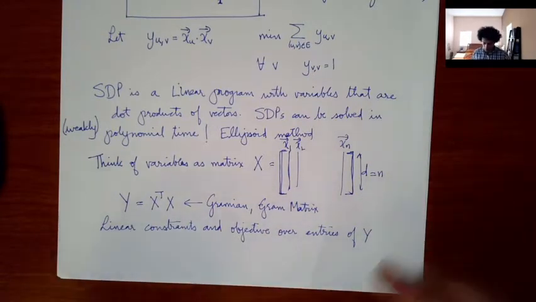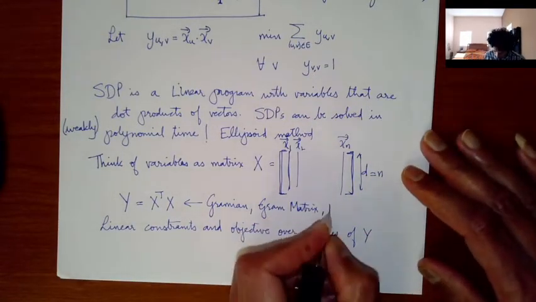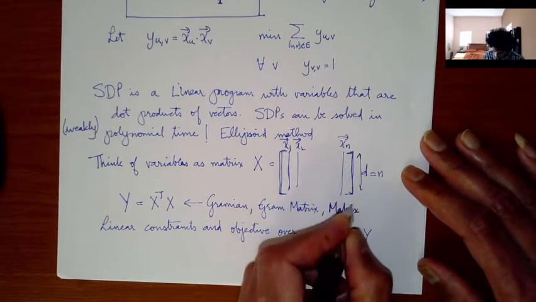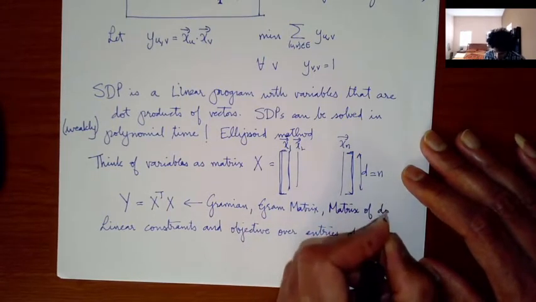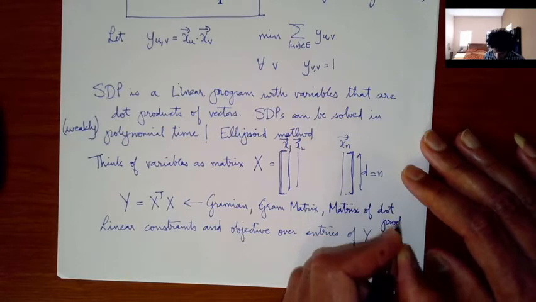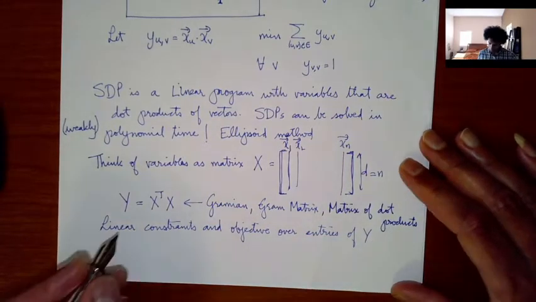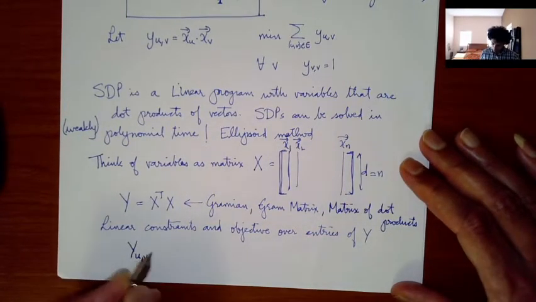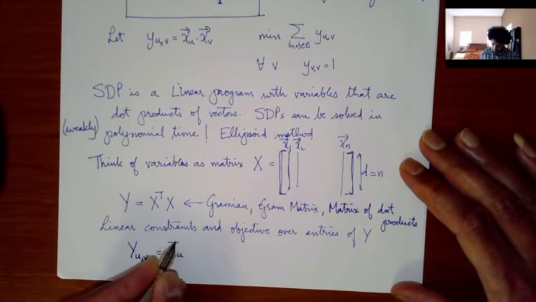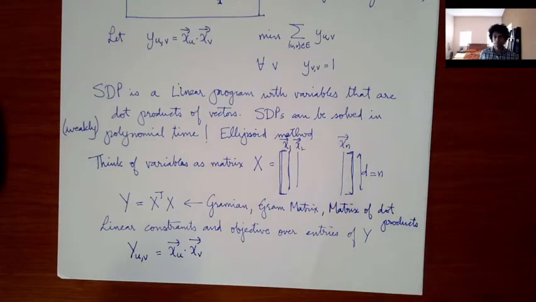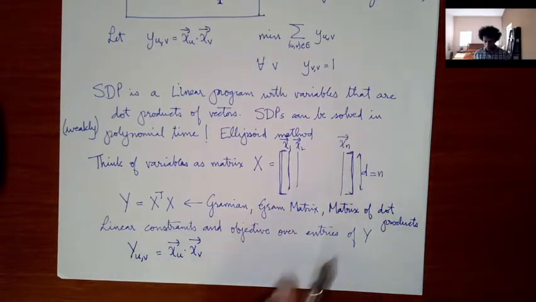So what is the Gram matrix? This is the matrix of dot products. Because YUV is exactly XU dot XV. So we have linear constraints over the entries of Y.